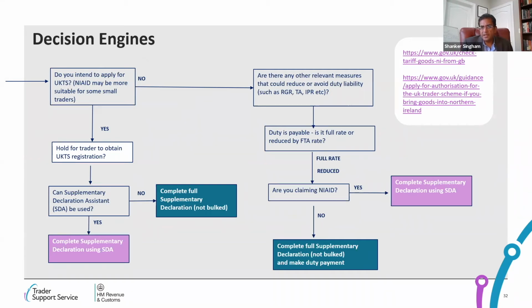We've got some links in there that are helpful to understand some of this, but that's a version of a decision engine you might want to use based on the information you need in order to determine the best way of doing your declaration.